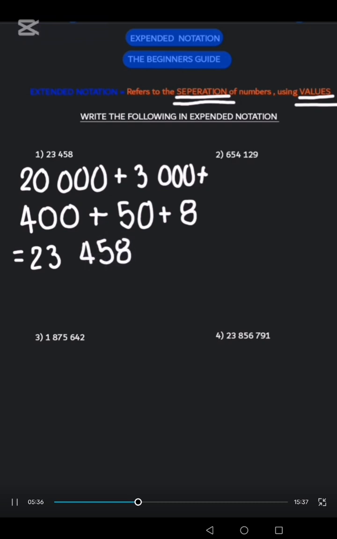Now we move on to our next number, which is 654,129. We look at our first digit in this number, which is 6. We look at how many other digits there are on the right hand side, and then we change those digits into the number 0.